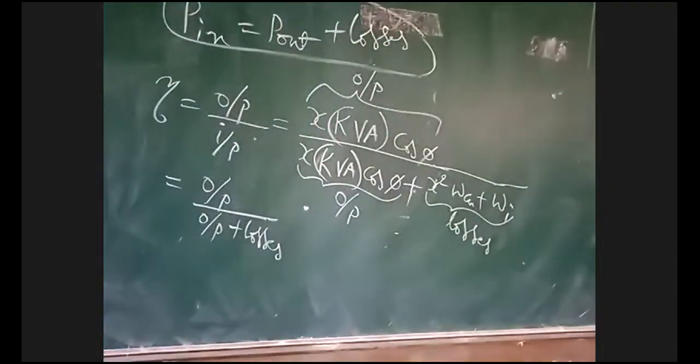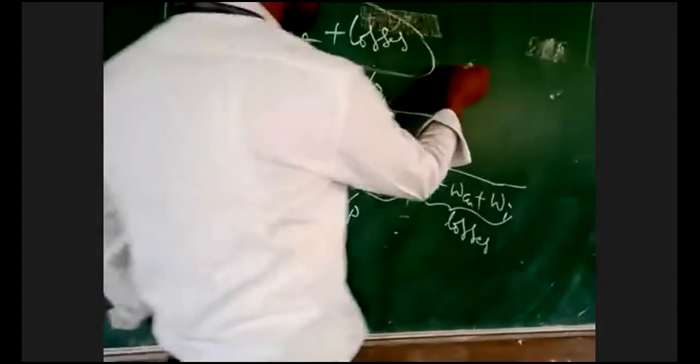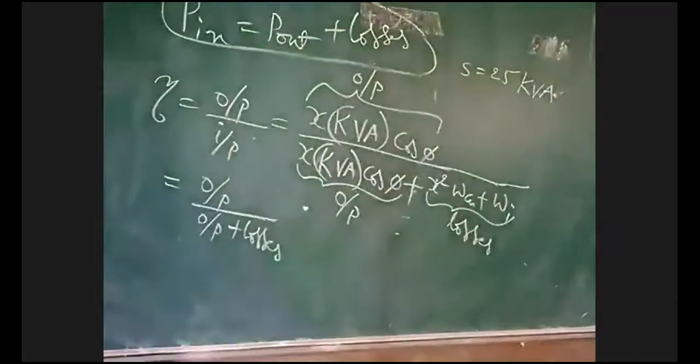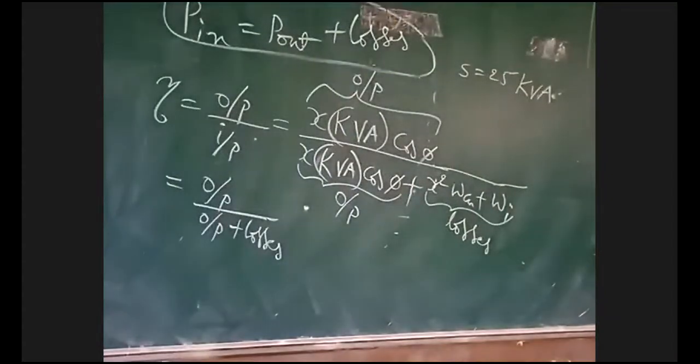I have already told you input power is equal to output plus losses. So here output is X kVA cos phi. What is the kVA they have given? 25 kVA.